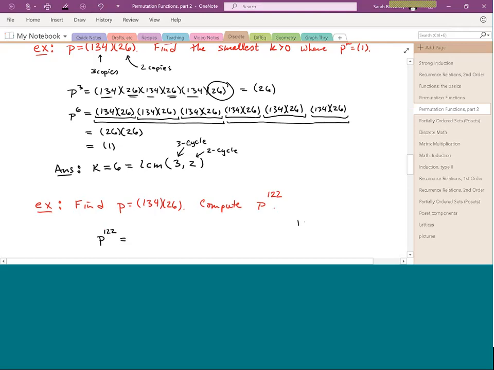How many times does 6 go into 122? It's not evenly. Anybody recall? If you divide 6 into 122, what would your answer be?